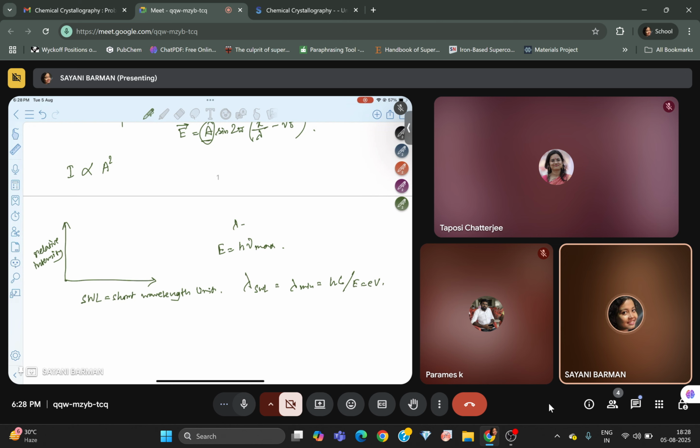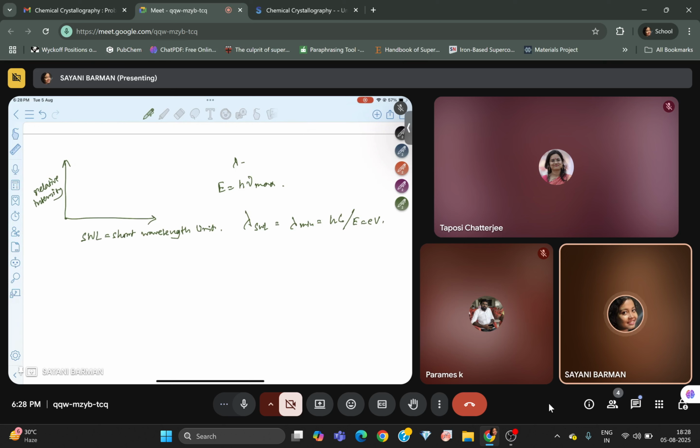Now, if we draw the characteristic X-ray lines, say there is one atom, and inside there is a nucleus and some electrons. A high energy electron comes in, like this ray, and a low energy electron will be produced from here. There is the inner shell and also the outer shell, right?